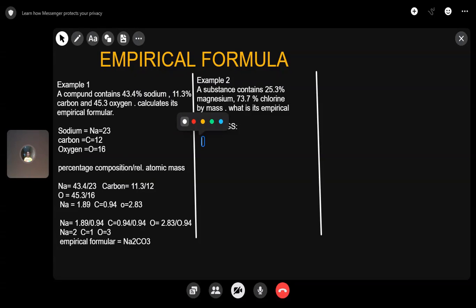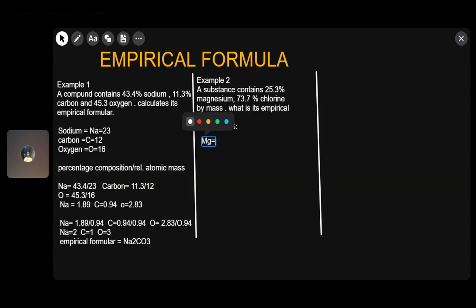Our percentage composition for magnesium equals 25.3%, and chlorine equals 73.7%.